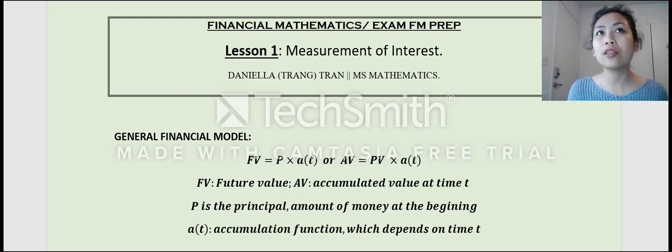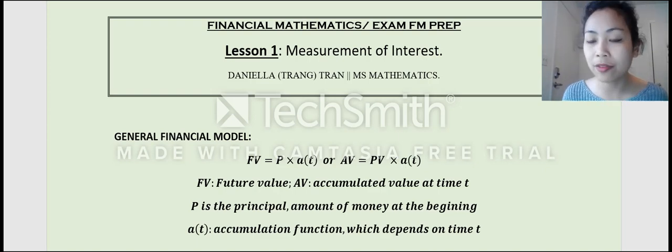Suppose you are planning to invest your money into different options and you don't know which option will give you the best benefit. In that case, you need a tool to measure the interest, to compare and see which option will be the best. So that is the purpose of our lesson today.